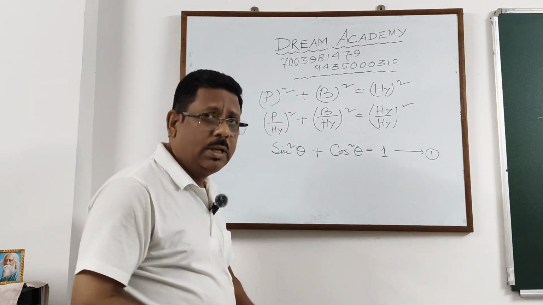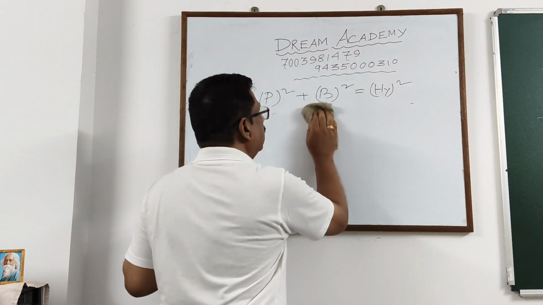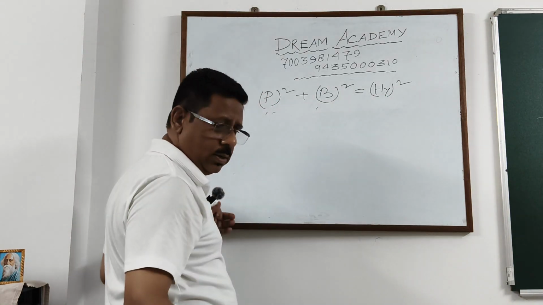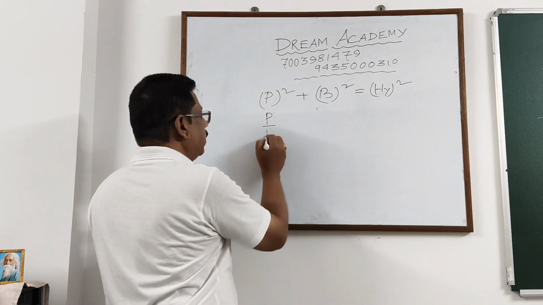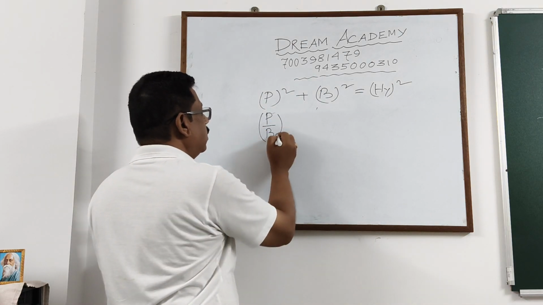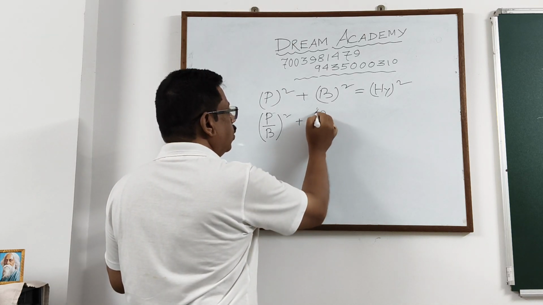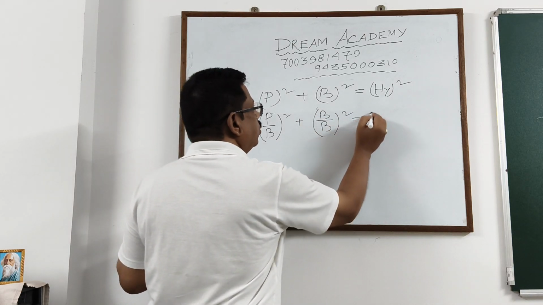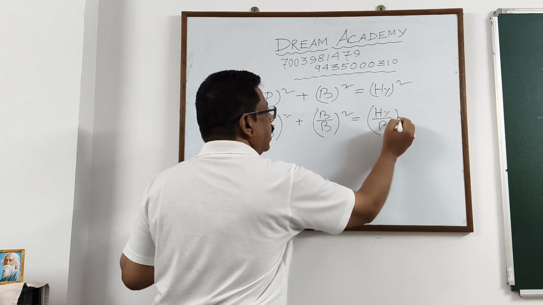Now we are going to the second identity. Here, we divide this Pythagoras theorem by base. Then what can we write? Perpendicular by base whole square plus base by base whole square equals hypotenuse by base whole square.